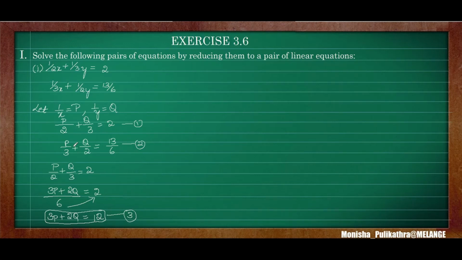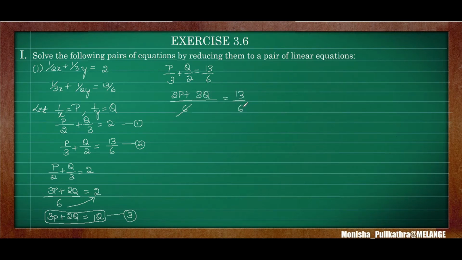Next, equation 2 we have to reduce to this form. Equation 2 is p by 3 plus q by 2 is equal to 13 by 6. Again, the LCM is 6 itself. 3 2s are 6, 2 into p is 2p, plus 2 3s are 6, 3 into q is 3q, is equal to 13 by 6.